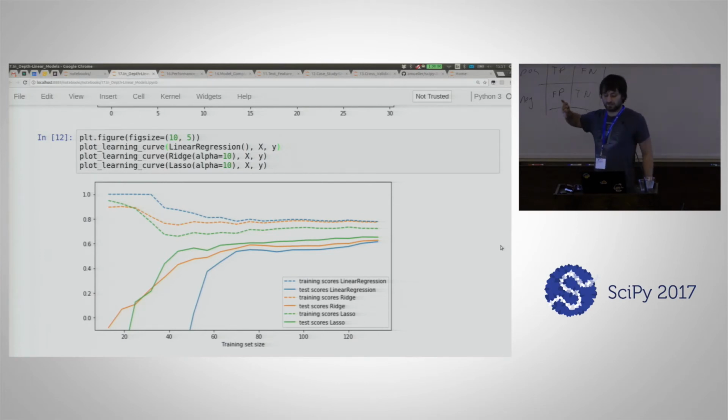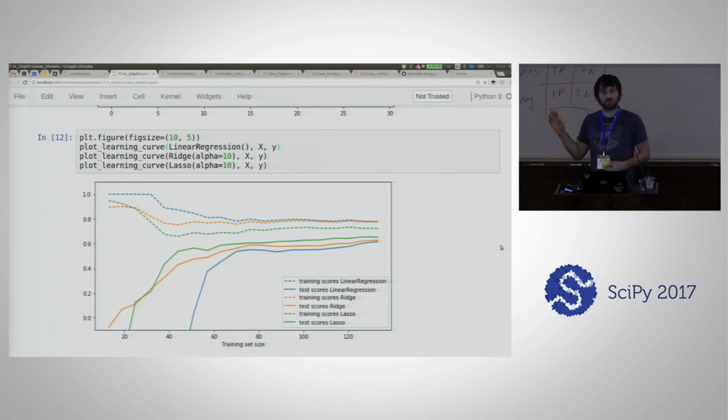Here's again what's called the learning curve, how well it generalizes as a function of samples. Here, lasso does better than Ridge and linear regression. The main reason it's true here is because we know the true model, and the true model has most coefficients 0. In the real world, you might not know this.